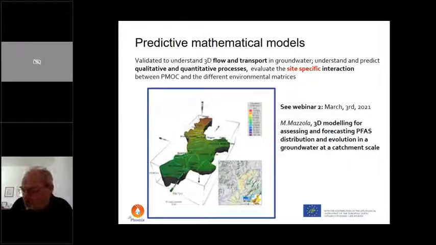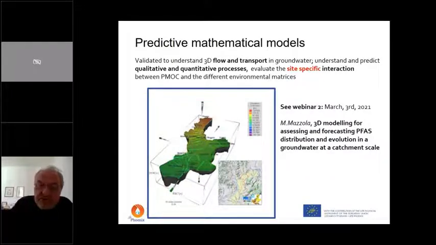And together with the predictive mathematical models, during the LIFE project we have a specific action to calculate, for example, the Kd, the partition between the PFAS family and a series of typical soils collected in the area impacted by the PFAS.